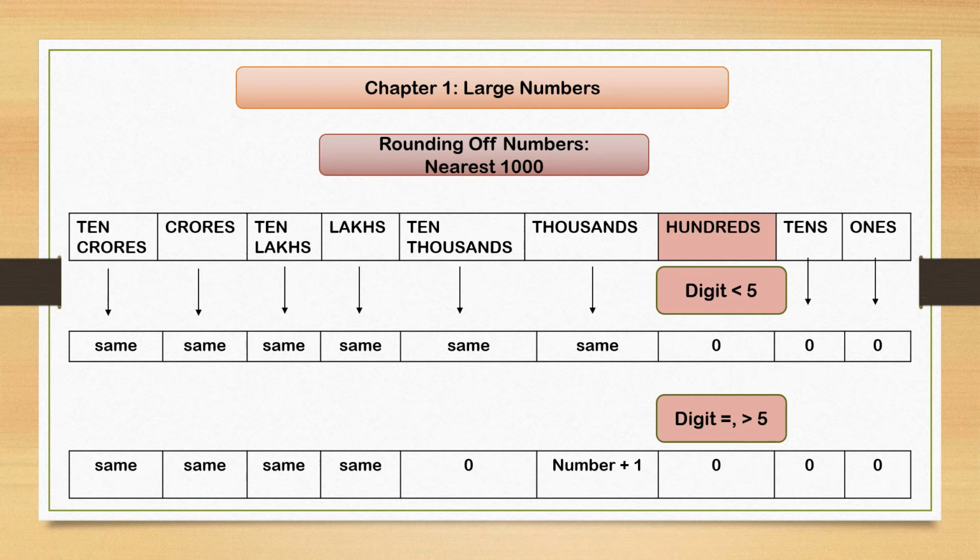First, if the hundreds digit is less than 5, then we replace the digits on hundreds, tens and ones place by 0 and the other digits remain same.